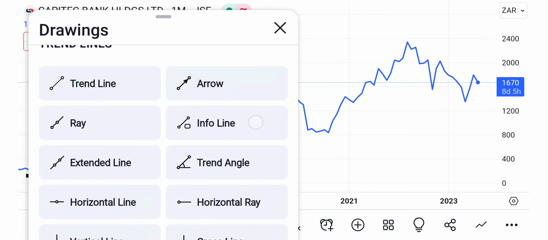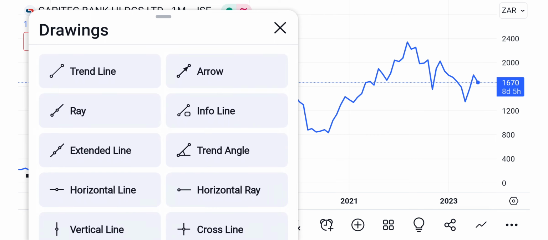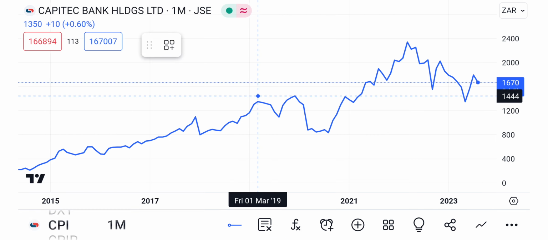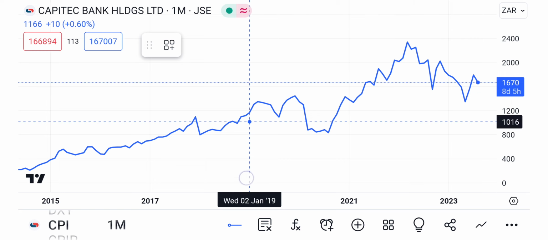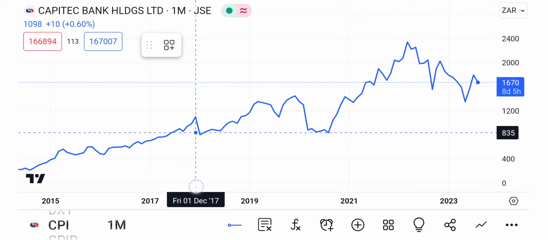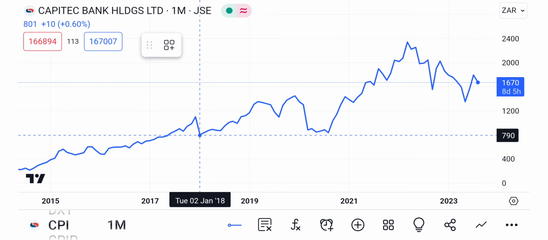You want to find the demand and the supply. So when you want to find the demand and the supply, you look at the previous turning points.